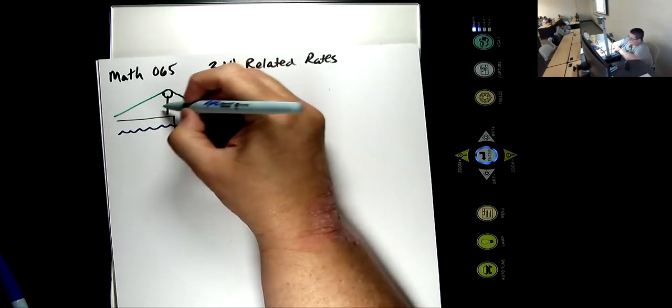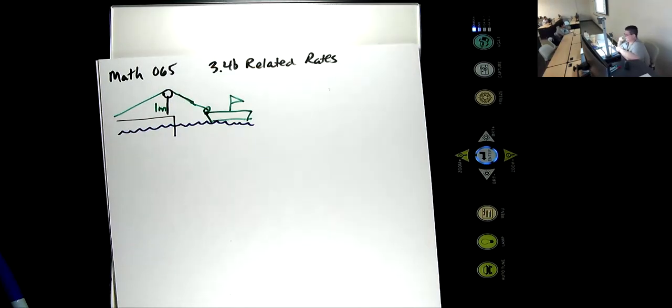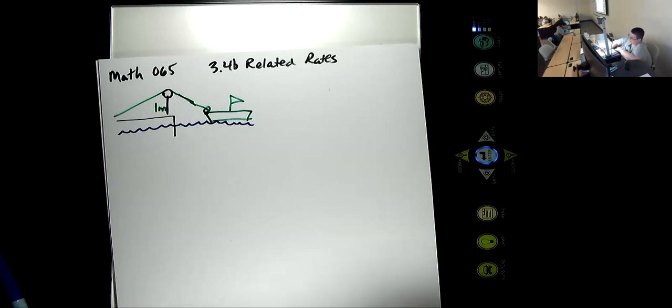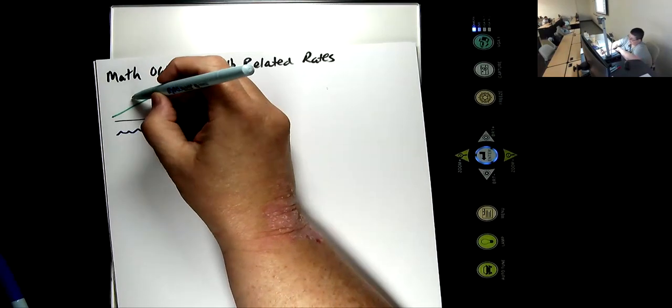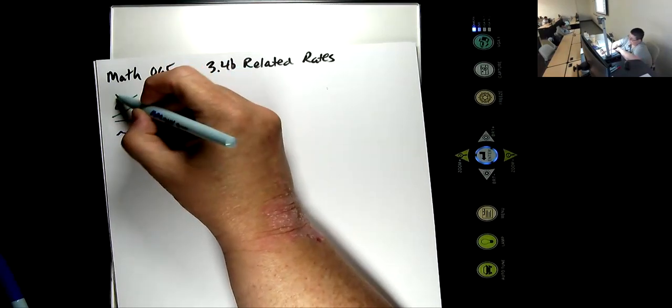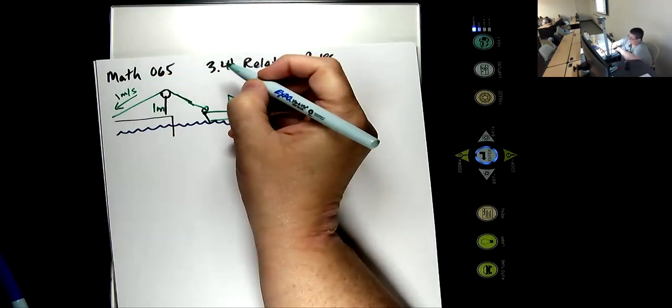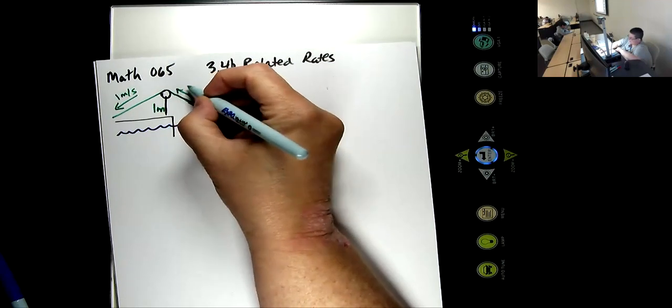And this is 1 meter high. It says that the rope is pulled in at 1 meter per second. So this is going at 1 meter per second.